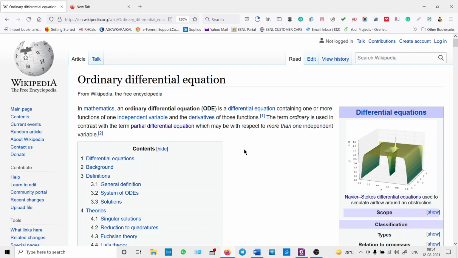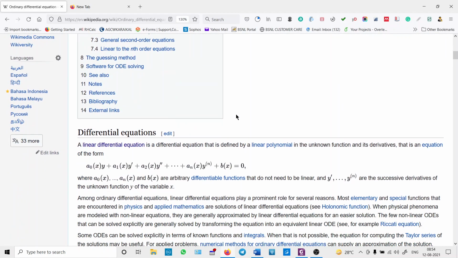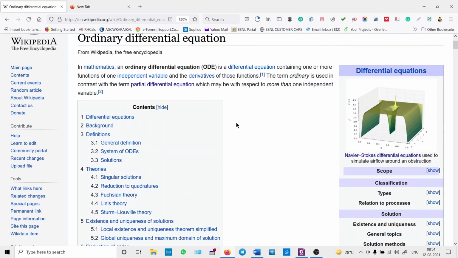And what is the derivative of y with respect to x? y dash, that is dy by dx. So an ordinary differential equation is an equation containing one or more functions of the independent variable, as an independent variable I said x, and the derivatives of those functions. That is called an ordinary differential equation in general.